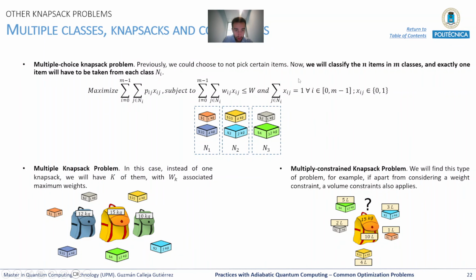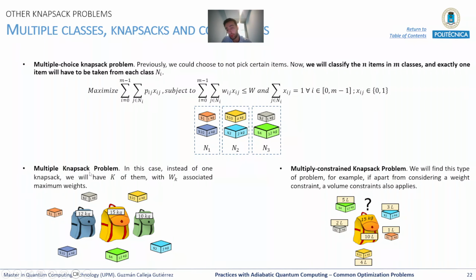This is the constraint that we are adding. For each of the classes we need to choose one of the items, and then we have the weight constraint and the profit for all of the selections. So we have a constraint for each of the classes, and we have the general ones that we already know.